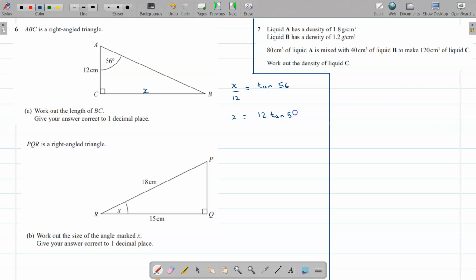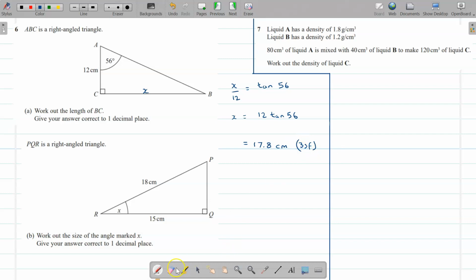And if you put that onto the calculator, it gives me 17.8 centimeters. Okay, 17.8 centimeters to 3 significant figures.